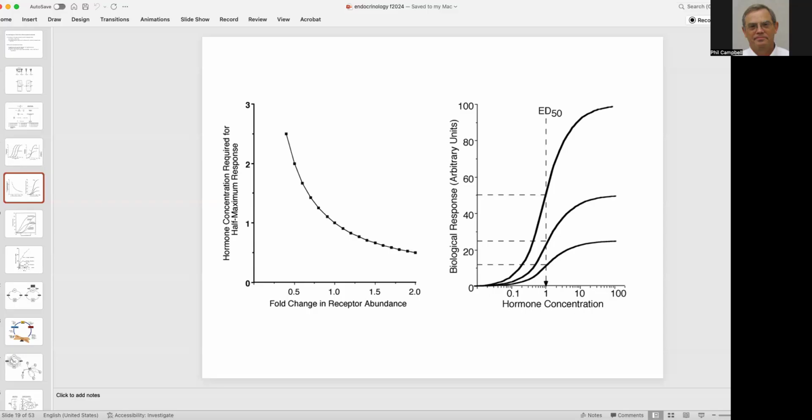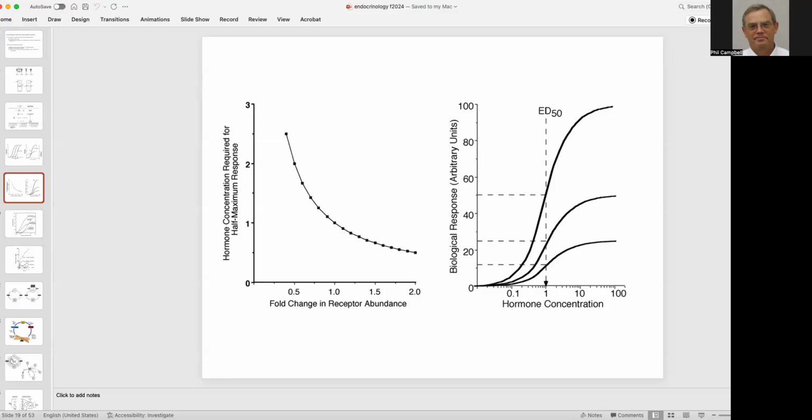Okay. Now, over here, what we're dealing with is sensitivity, in terms of biological response. Affinity was the prior one.